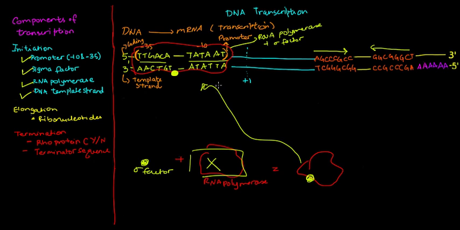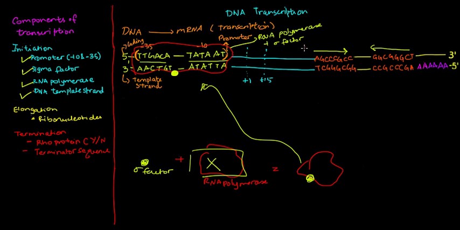Our next step is elongation. This RNA polymerase proceeds to the transcription start site, starts here, and after transcribing about 15 nucleotides, a change must occur to the RNA polymerase. The sigma factor must come off.